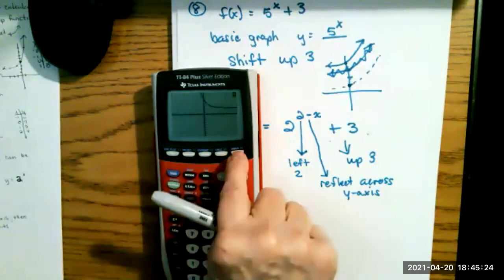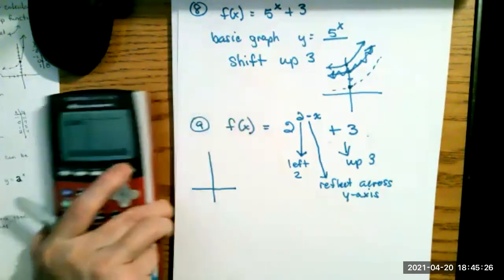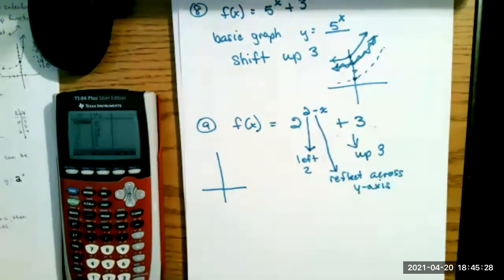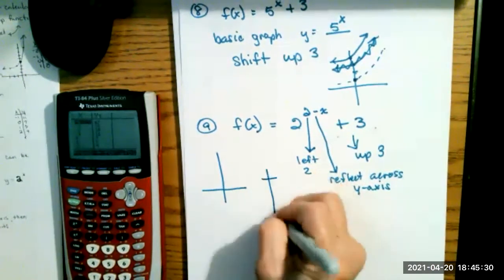So let's pick out some points that are easy to plot. -4, 6, 7 is not a good point to plot.